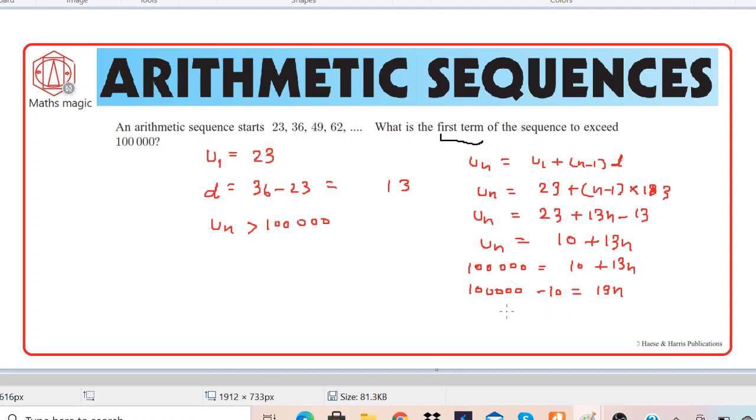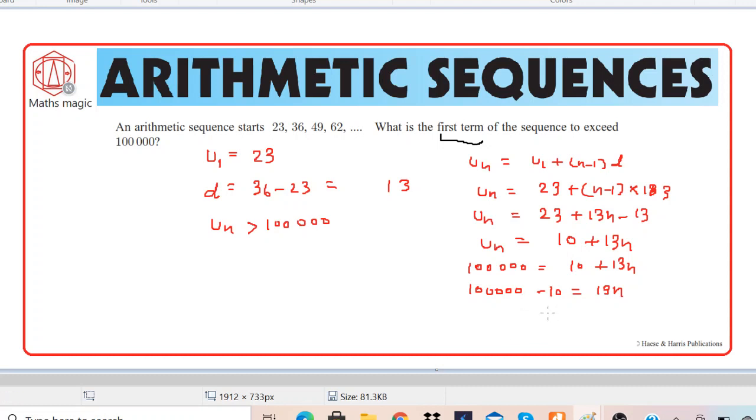So let's figure out what the value of 100,000 minus 10 will be. If we have 100,000, then we have to do minus 10.